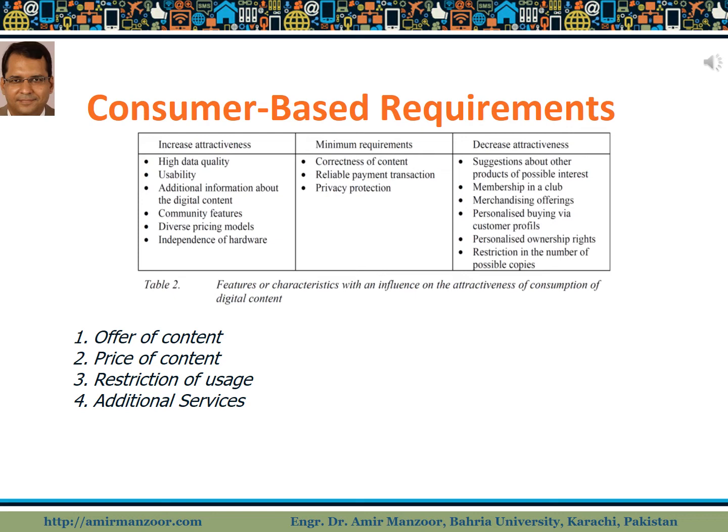Then there are some features that can actually decrease the attractiveness of the content for the consumers. For example, suggestions about other products of possible interest, compulsory membership in a club or a society, merchandising offers, personalized buying via customer profiles, personalized ownership rights, and the restriction in the number of possible copies. These are the features that, if implemented, can decrease the attractiveness of the digital media content for the consumers.